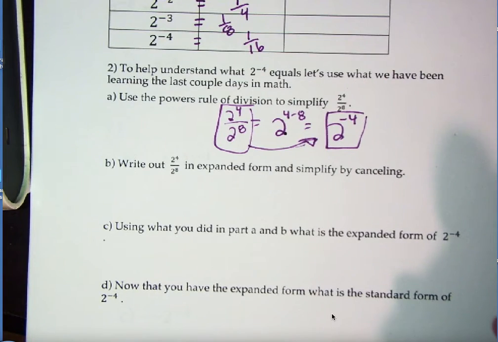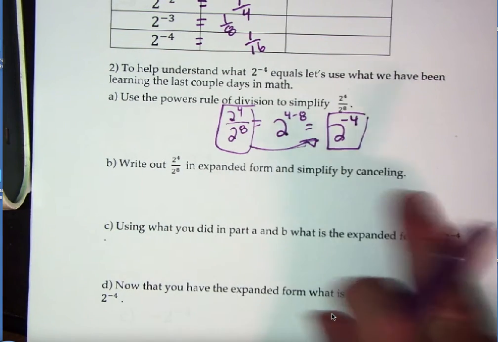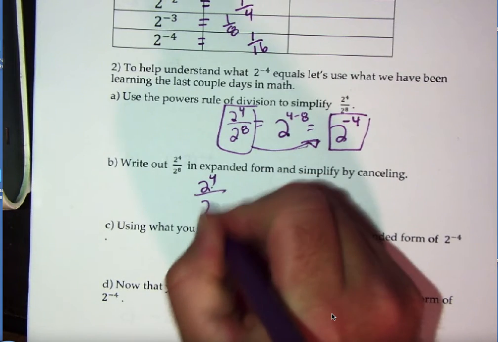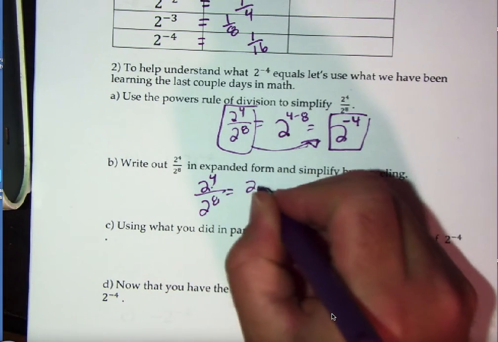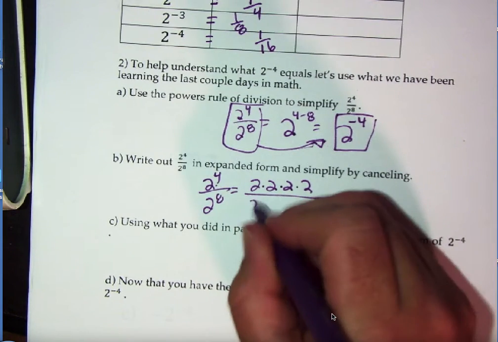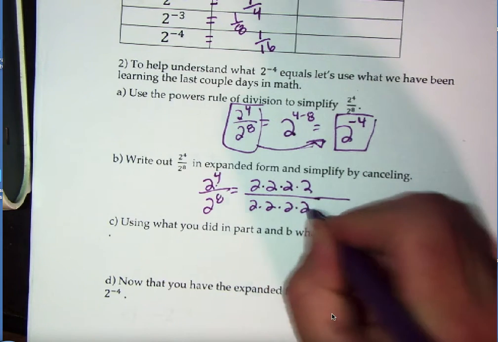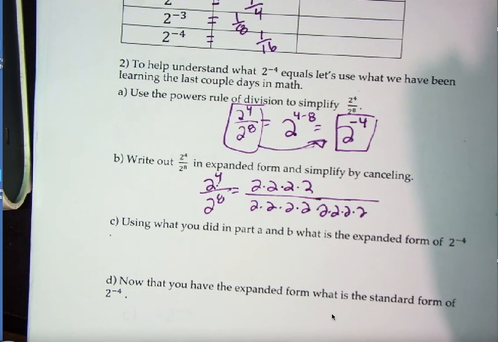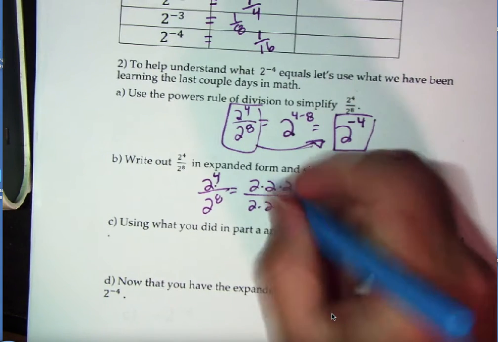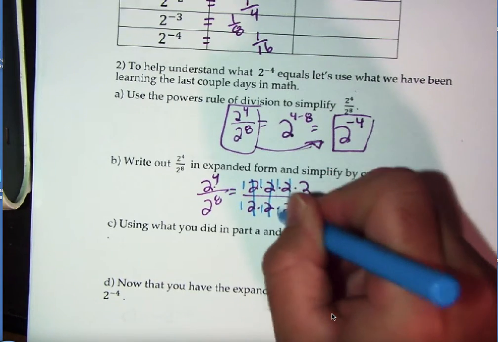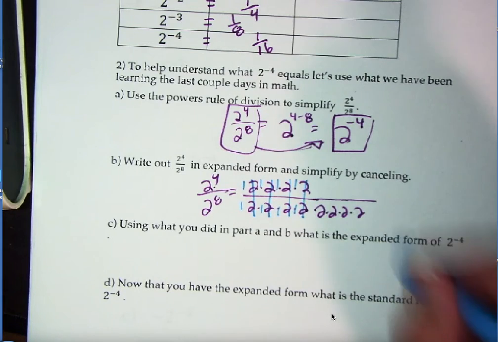Okay. B says to write this out in expanded form and to simplify using canceling. So 2 to the 4th over 2 to the 8th equals 2 times 2 times 2 times 2 over 2 to the 8th, which is 2 times 2 times 2 times 2 times 2 times 2 times 2 times 2. And you would have remembered that for simplifying, you get 1, you get 1, you get 1, you get 1.